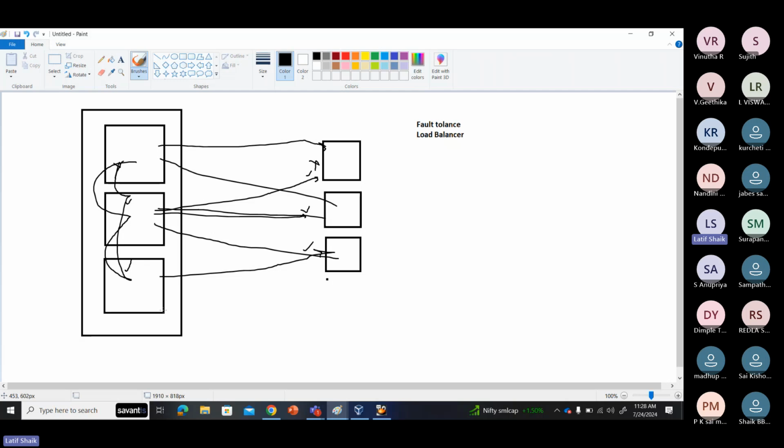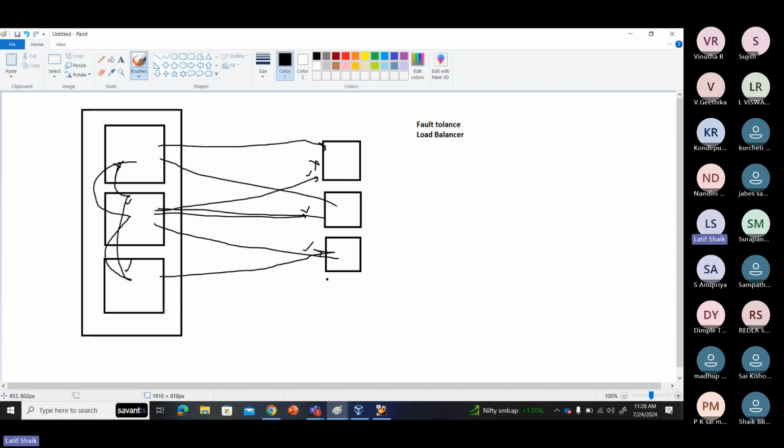I will give you one best example for a load balancer. You go to DMart on weekdays. Maybe one or two counters will work, three counters maximum. In the weekday mornings, only two or three counters. In the evening, maybe four counters.